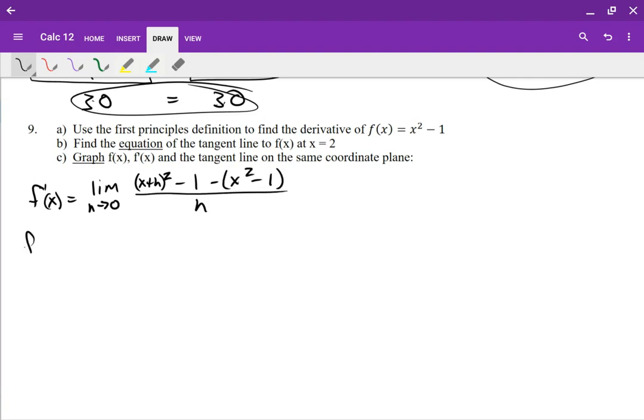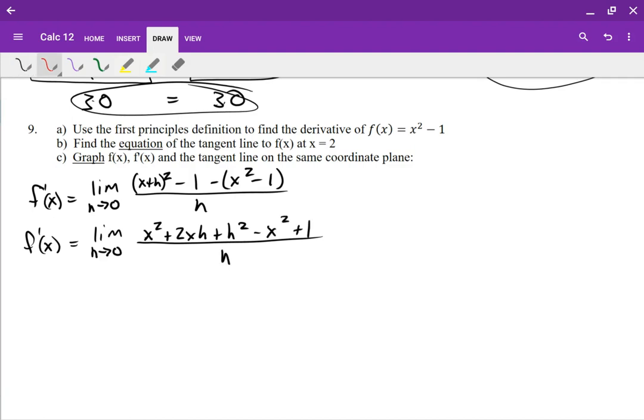over h. And you end up with the limit as h approaches 0 here of x squared plus 2xh plus h squared, and there's nothing to distribute. There's no 3 here, so I'm okay. Don't forget that 3 in the future, minus x squared plus 1.